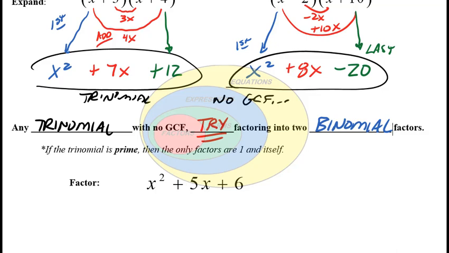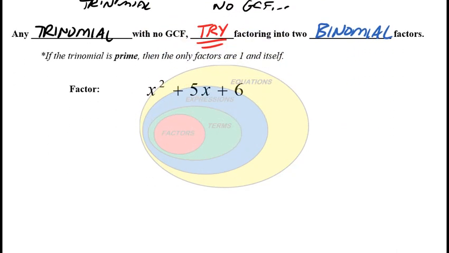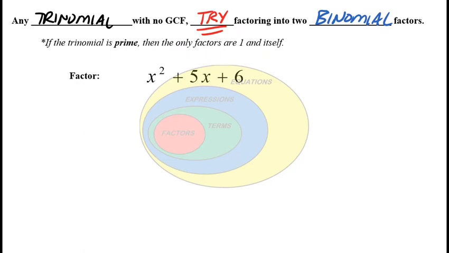So let's look at this first problem. We want to factor x squared plus 5x plus 6. So first of all, we see that this is a trinomial. It's three terms. And there's no greatest common factor in the terms.